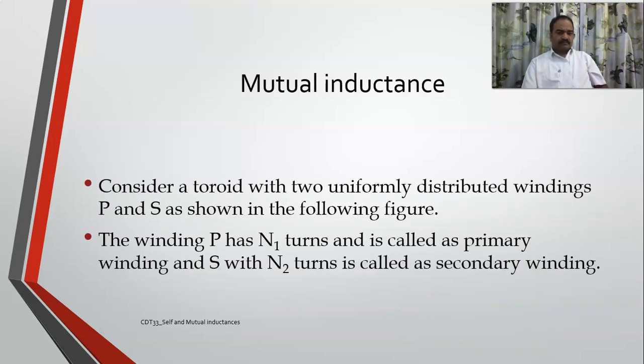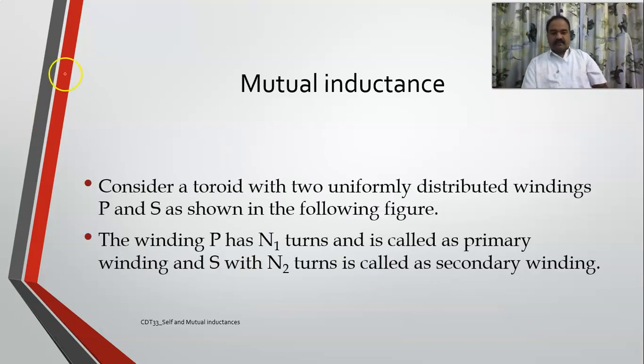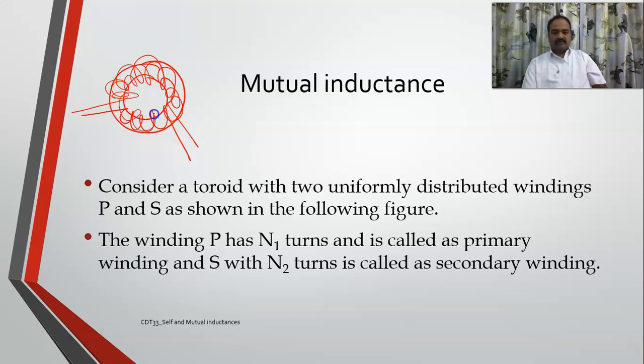Now, let us suppose a toroid has two uniformly distributed windings. I think I have missed the figure, but I'll draw it here. Let us suppose this is a toroid, and this is one coil, and let us suppose it has one more coil, which is wound in this fashion.